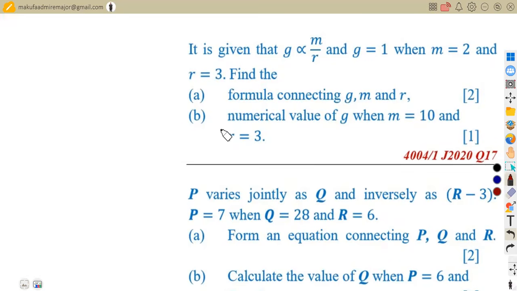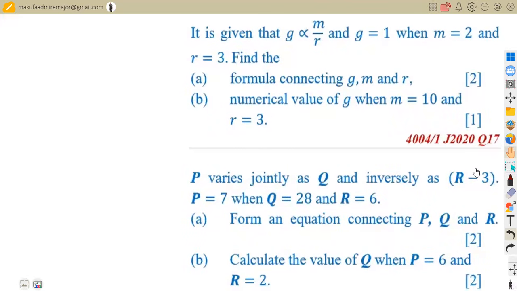When it is a word problem, then we do not have that option. But on a condition like this one, the first thing that I'm going to do is to introduce the constant to replace the variation sign.